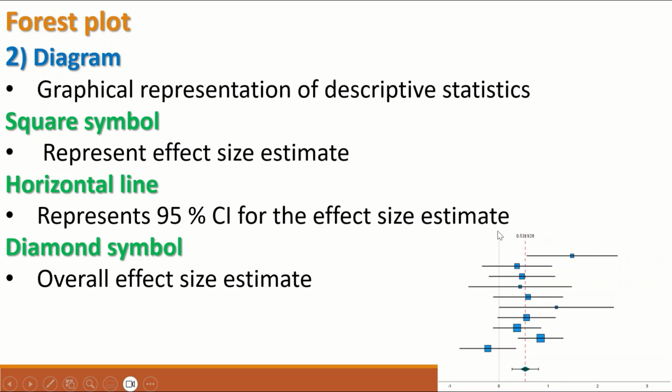The blue line here is the line of no effect, and the red dashed line here is the line of the overall effect size, which is calculated and found to be 0.53.